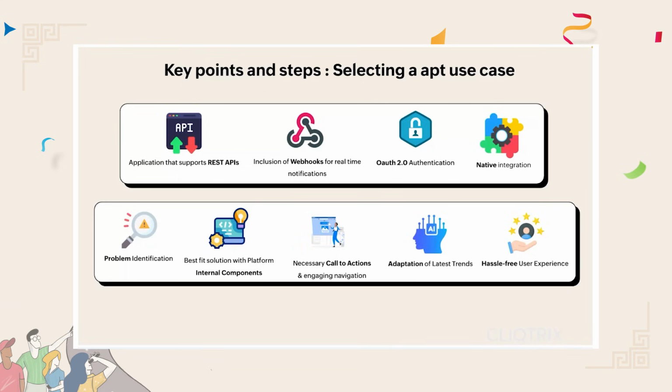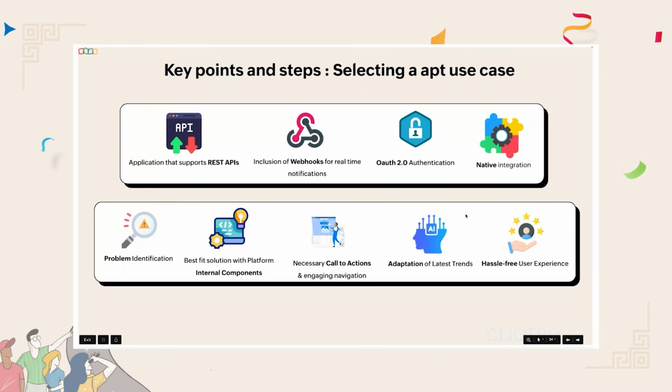Imagine you are picking a use case or building an extension which has webhooks. It is an added advantage because Cliq is a chat application, right? So notifications and alerts are extremely crucial for an application like Cliq, and it is also very useful in terms of a feature as well.